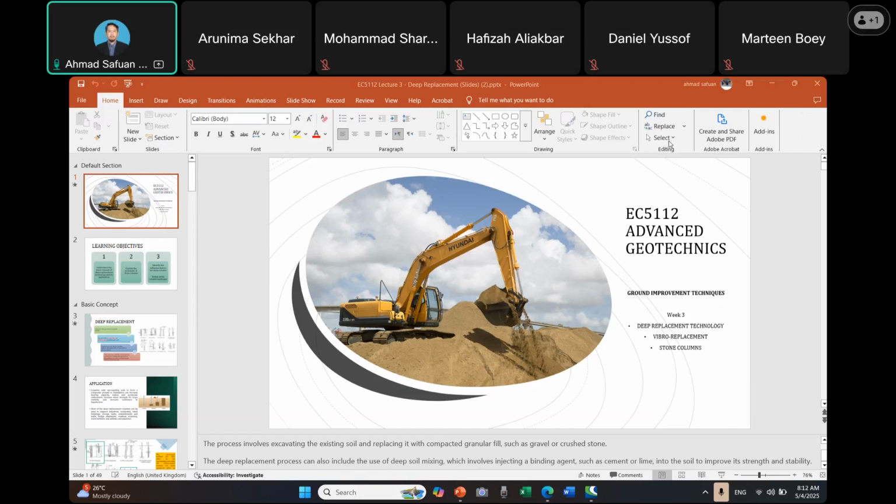During the drilling or augering, they will mix the stabilizer with the existing soil, for example a marine clay. This stabilizer will improve the strength and the stability of the existing soil, especially marine clay or any cohesive material.